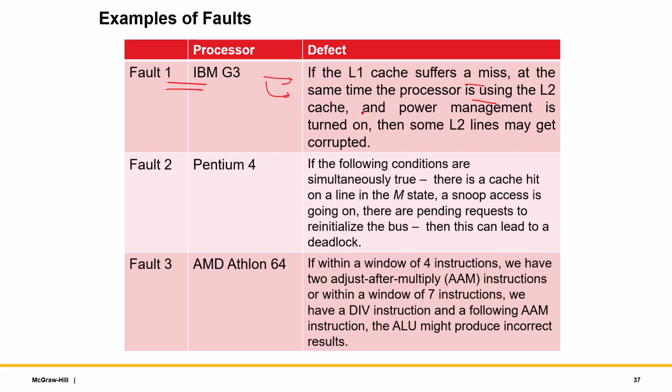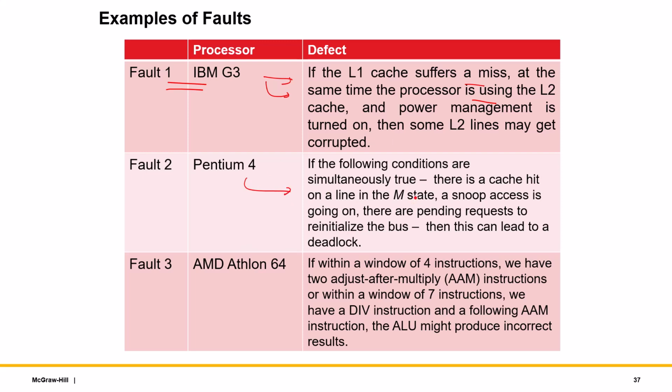Or if you have some control over the hardware design, let's say in the next iteration, then either fix the problem or ensure that when the L1 cache is servicing a miss, you don't access the L2 cache. So that is a hardware level thing. The only software level fix is to turn off dynamic power management.